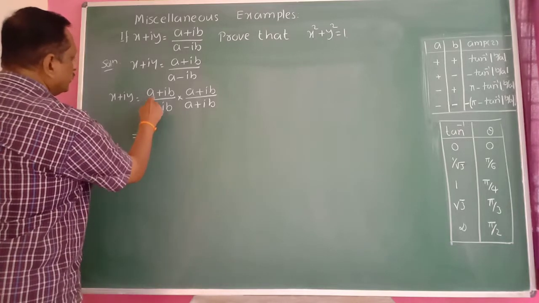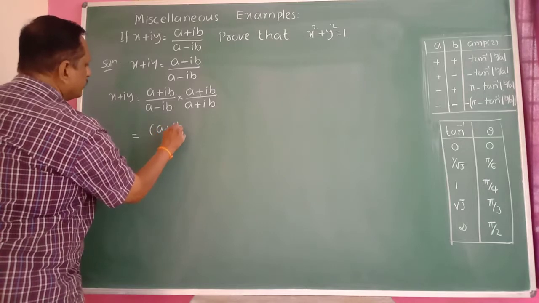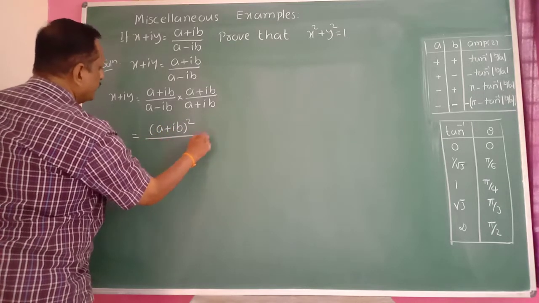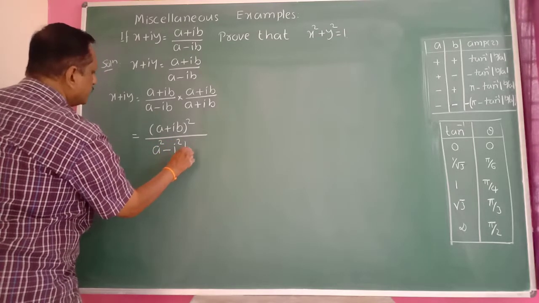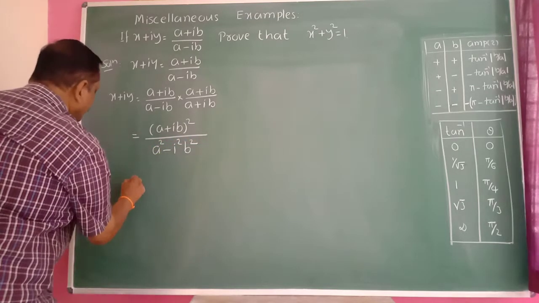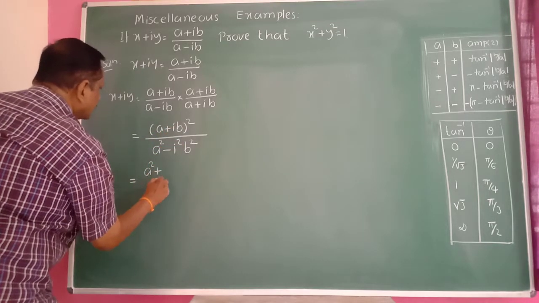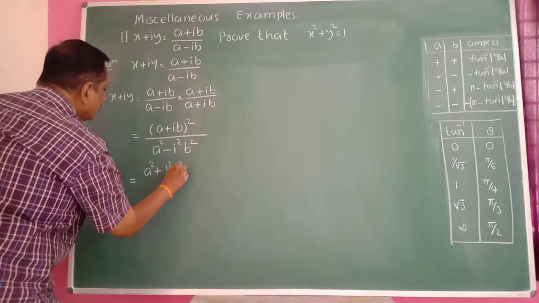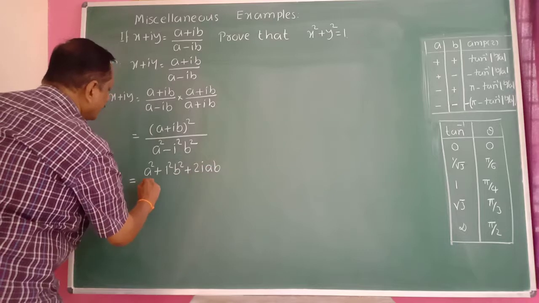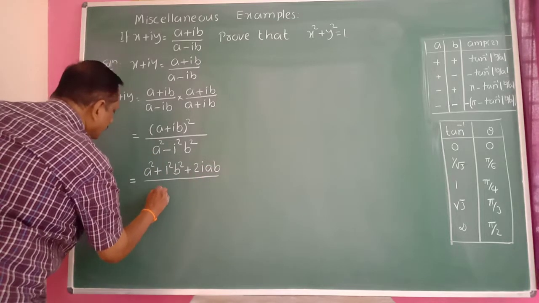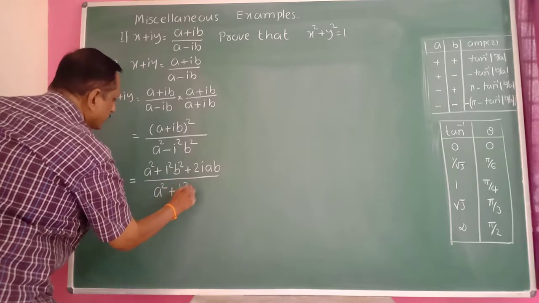So this equals a plus ib into a plus ib, which gives (a plus ib) whole square, divided by the product of the denominators, a square minus i square into b square. Therefore, this equals a square plus i square into b square plus 2i into ab, divided by a square, and i square is minus 1, so plus b square.